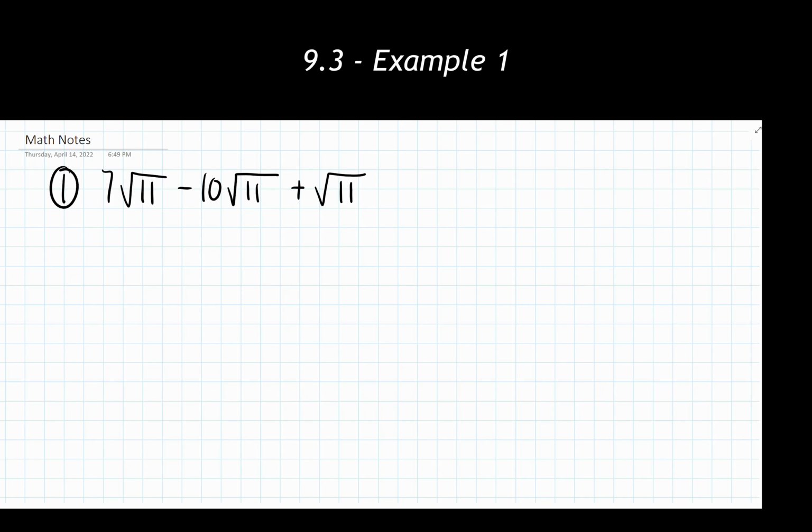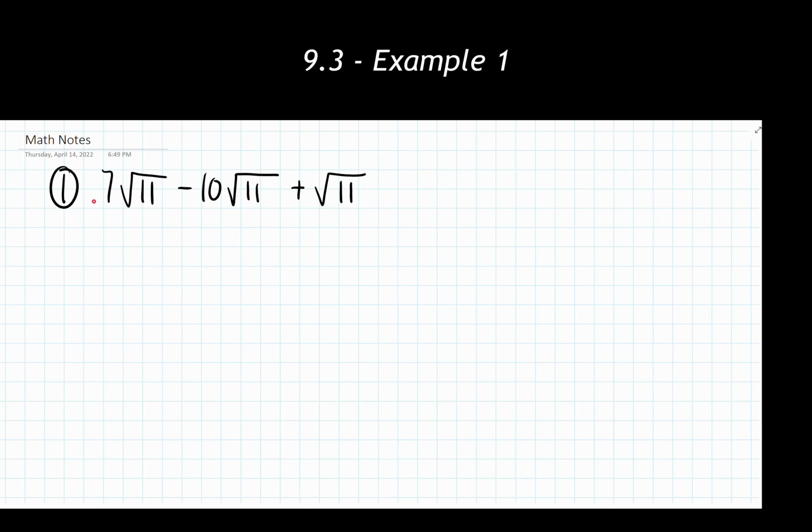Because both of those conditions are met with our first example, we can add and subtract the coefficients together accordingly. Remember that in this process, the index and the radicand will never be changing. So we have three things adding and subtracting in our first example.